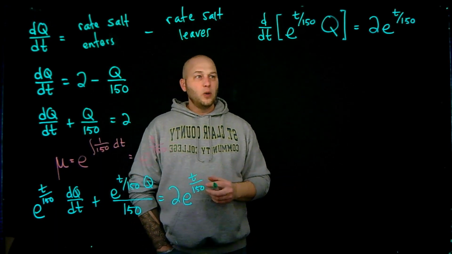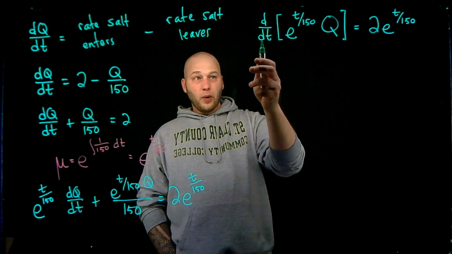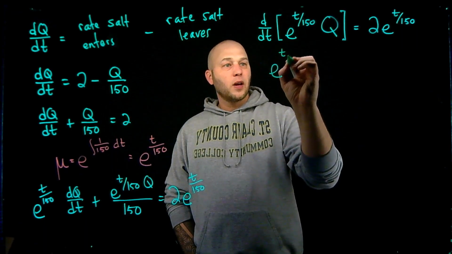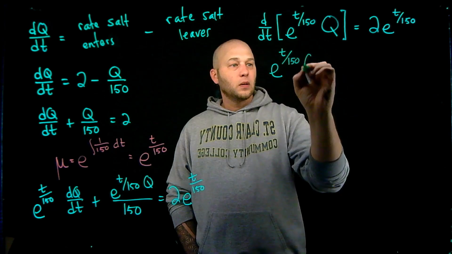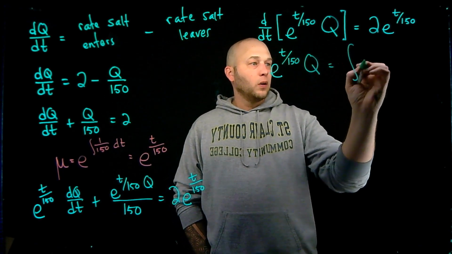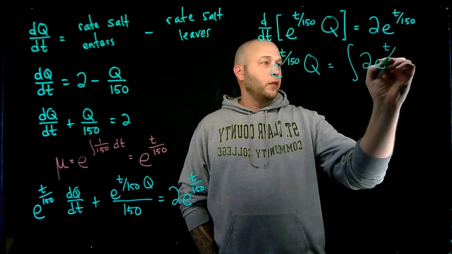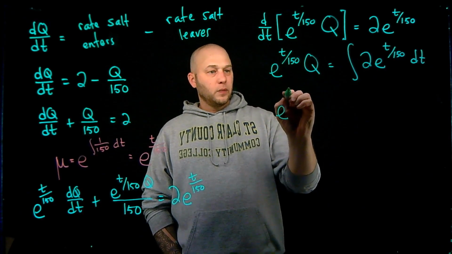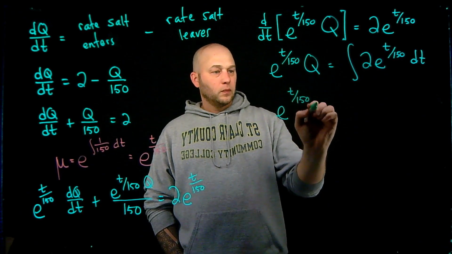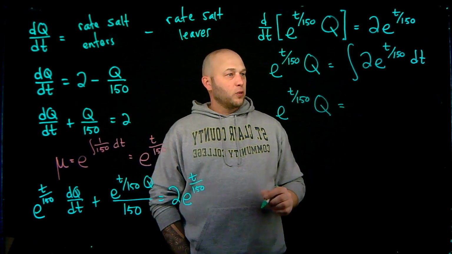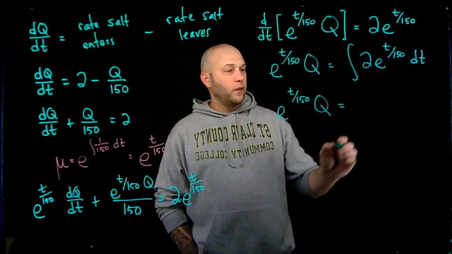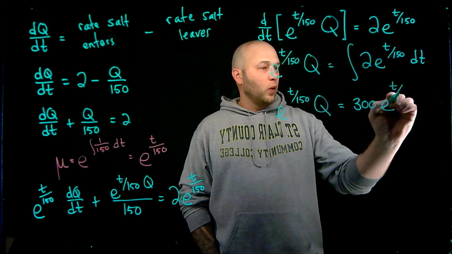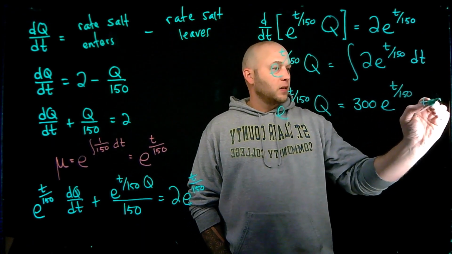Now let's go ahead and solve for Q. I have to undo the derivative operation, so I take an antiderivative of both sides. The expression inside the brackets is equal to the integral of 2e^(t/150). The antiderivative of 2e^(t/150) would be 300e^(t/150) plus a constant of integration.